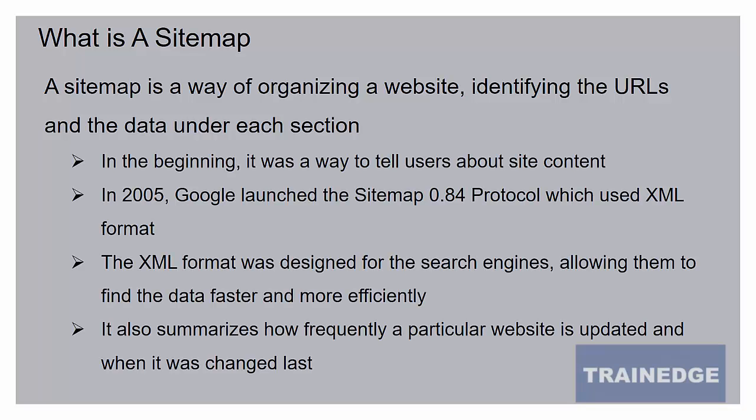In the beginning, sites used to have a sitemap at the bottom to tell users about the site, about how to navigate the site. In 2005, Google launched the Sitemap 0.84 protocol, which started using XML format for creating sitemaps.